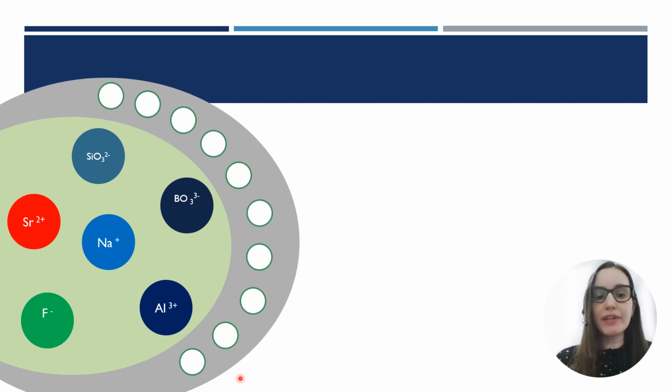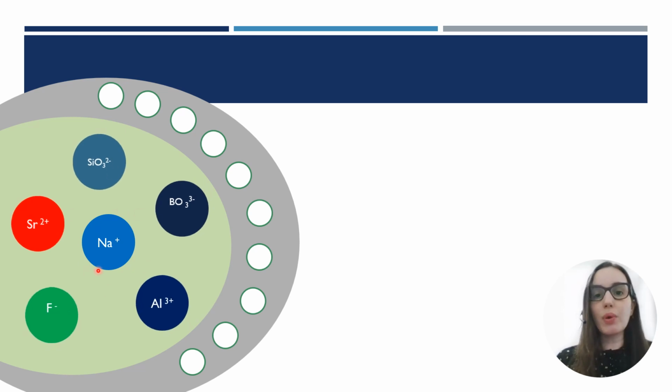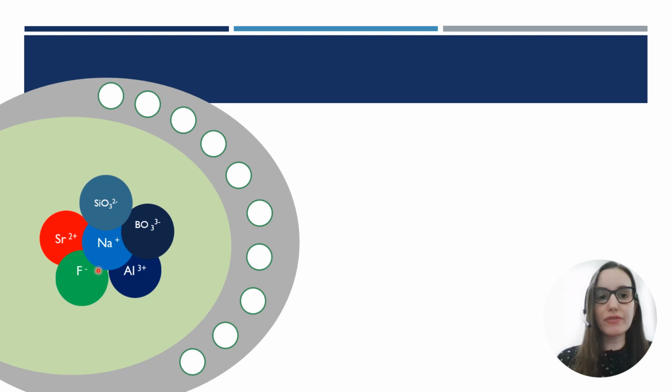So here we have the modified layer, which is porous. And when the polyacrylic acid is applied over this modified layer, the hydrogen ions will attack the multifunctional glass, releasing six types of ions and starting an acid-base reaction that results in the matrix. Furthermore, sodium ion will attract the other five ions, forming a complex of six ions.